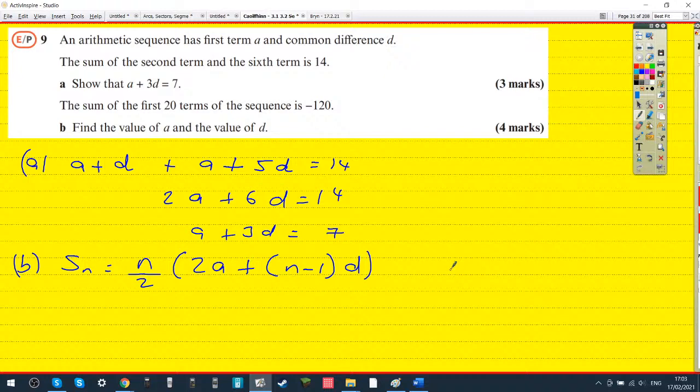So the sum of the first 20 terms is equal to 20 over 2 brackets 2a, because we don't know what a is yet, plus brackets 20 minus 1, which is 19, times d, which we don't know yet.